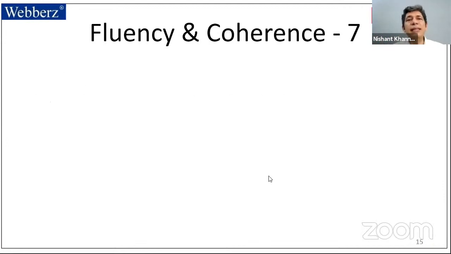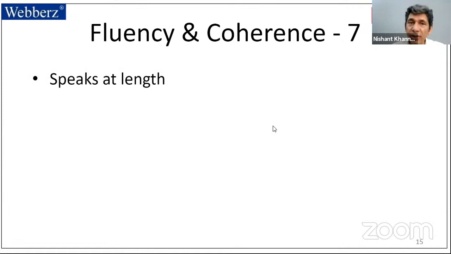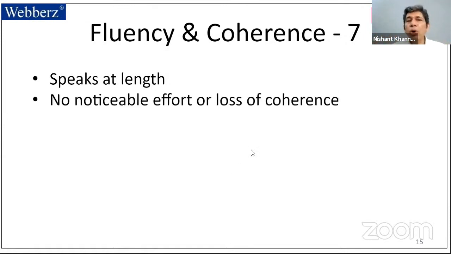If I talk about 7 level, when do you get 7 in fluency and coherence? Well, you get 7 when you speak at length. That means the length which is given to you, you have to speak for 1 minute or 1 to 2 minutes. That length is complete. No noticeable effort or loss of coherence is there.